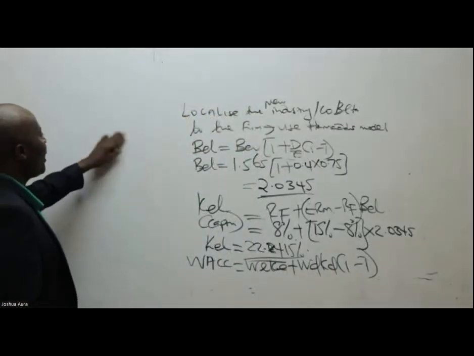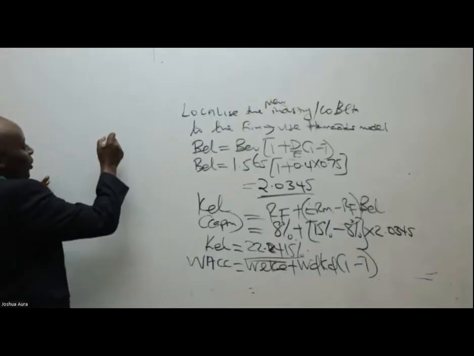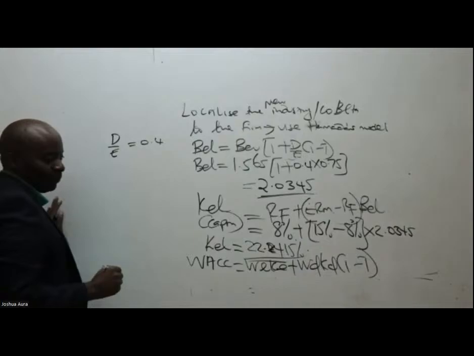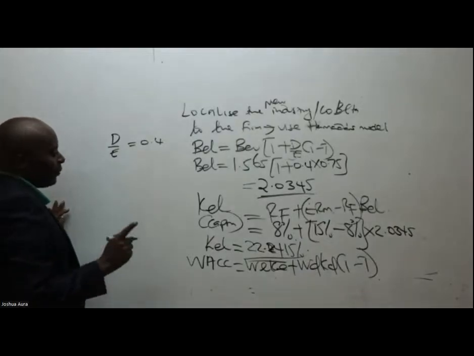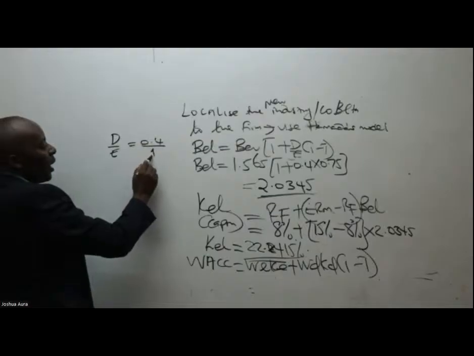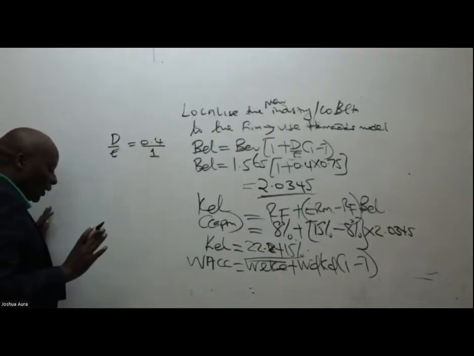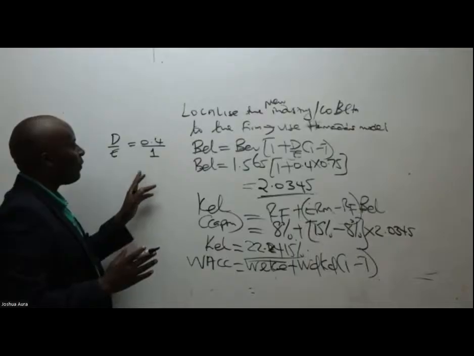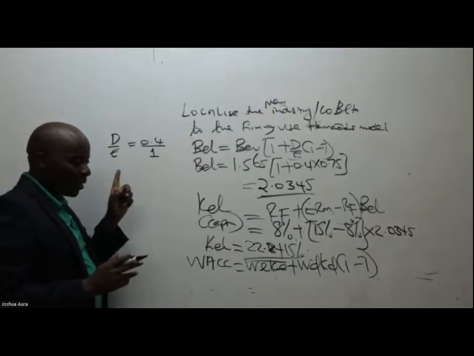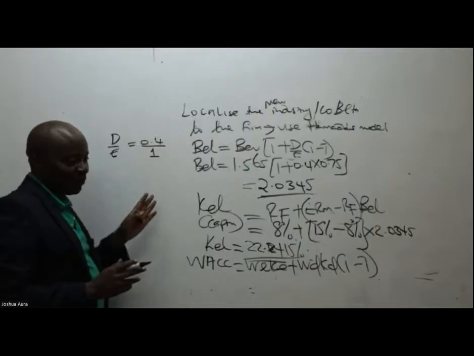When you are told that the debt to equity ratio is 0.4, you're supposed to know that this number has got an implied quotient. All the numbers, wherever they sit, have an implied quotient, which is 1. You see, 0.4 divided by 1 is 0.4.